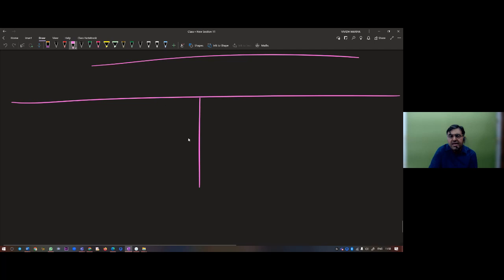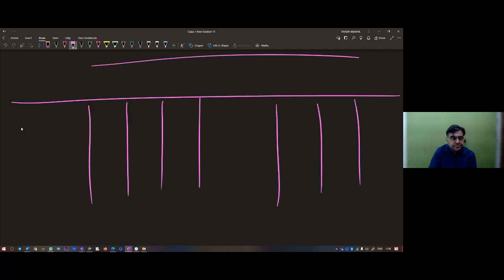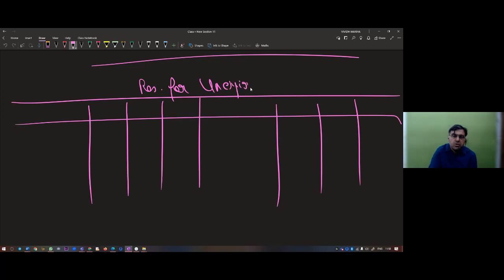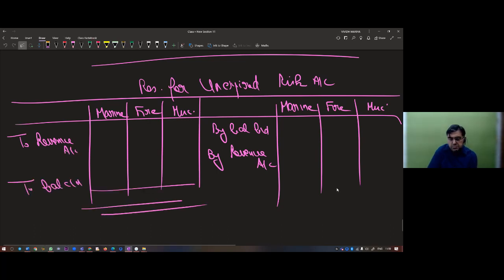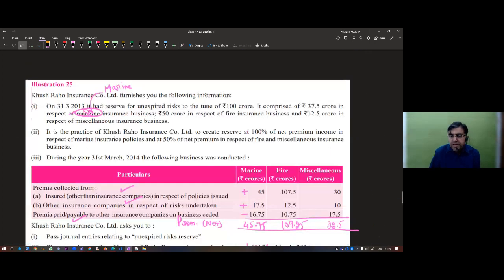That means the reserve for unexpired risk account was like this in a column form. The opening reserve was 37.5.